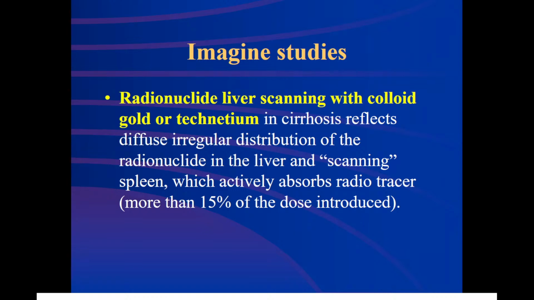Other imaging studies include radionuclide liver scanning with colloid gold or technetium. This method is relatively old, and in cirrhosis it reflects diffuse irregular distribution of the radionuclide in the liver and scanning of the spleen, which actively absorbs radiotracers, more than 15% of the dose introduced.